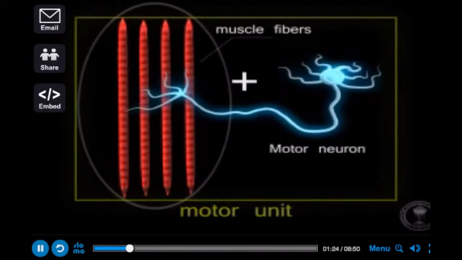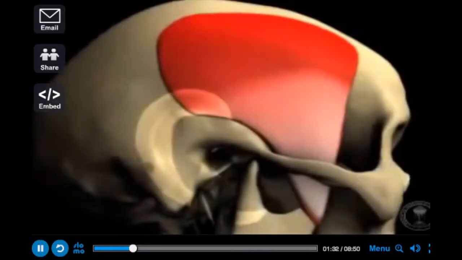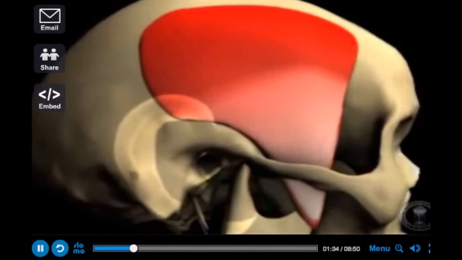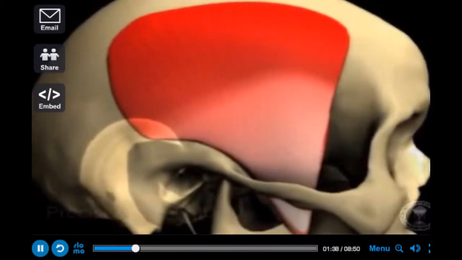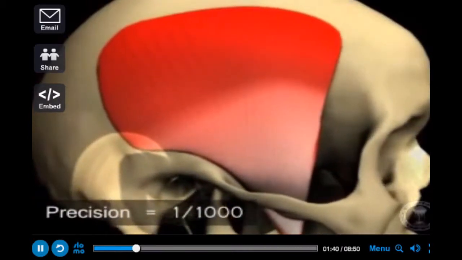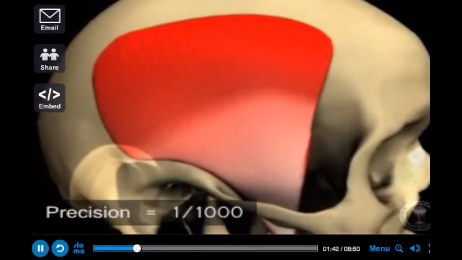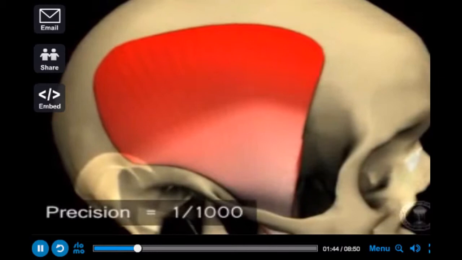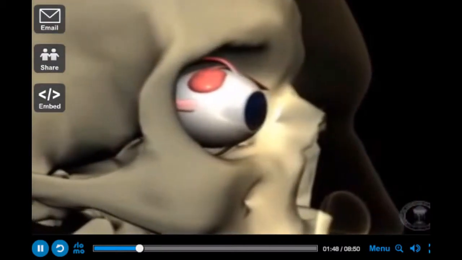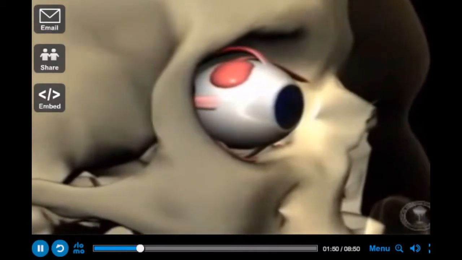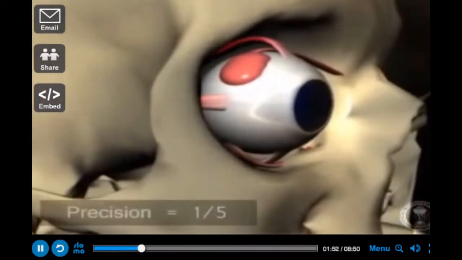In general, the fewer the muscle fibers are in a motor unit, the more the movement is precise. For example, in the temporalis muscle, there are 1,000 muscle fibers per motor unit, while in the external ocular muscle, there are only 5.